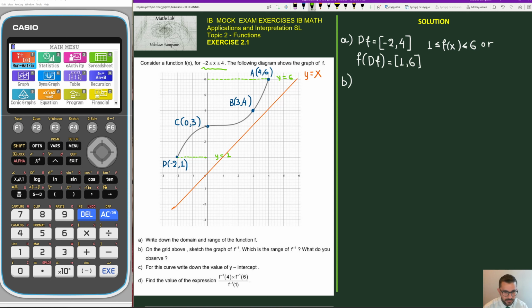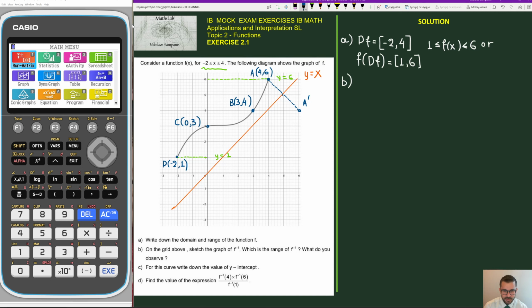So after detecting these points of the graph of f, we have to sketch the symmetrical points here with respect to this line y equals x. And these symmetrical points have the reverse coordinates.